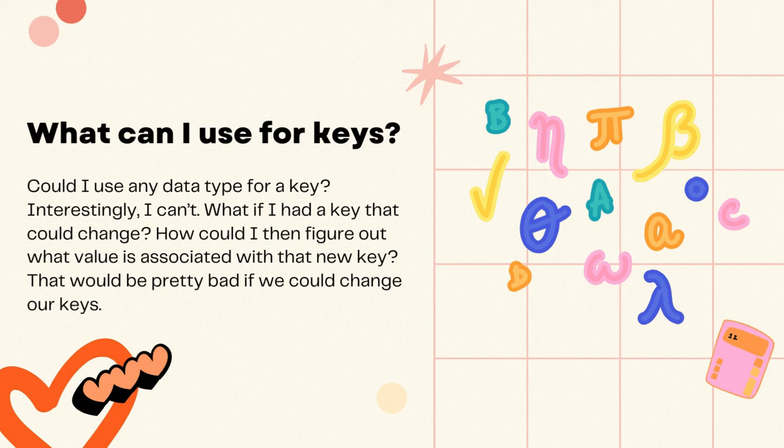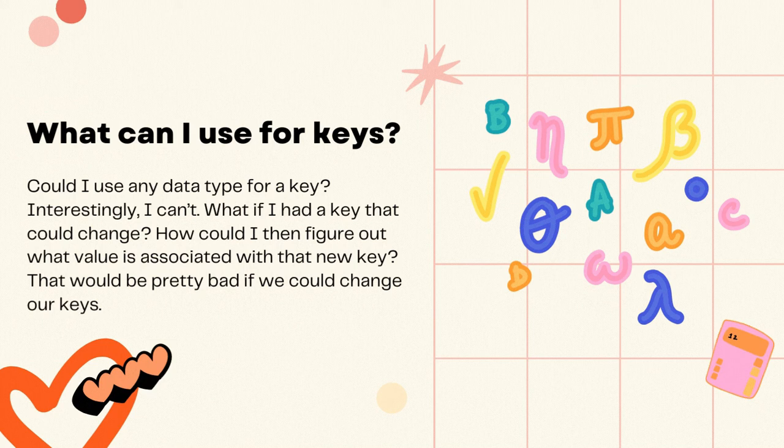Finally, let's clarify what can count as a key. Could I use any old data type for a key? Interestingly, no. What if I had a key that could change? How could I then figure out what value is associated with that new key? That would be pretty bad if we could just change up our keys whenever we wanted to.